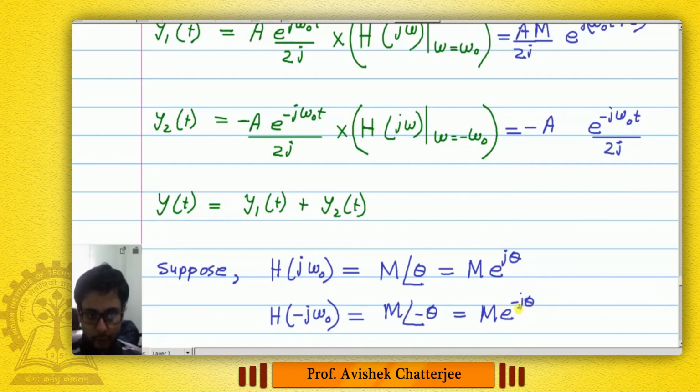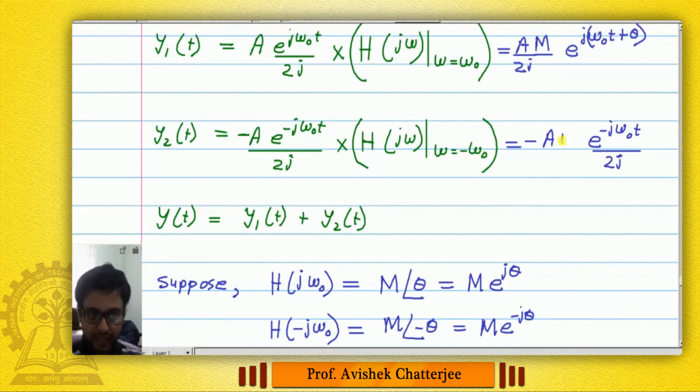Now, when you multiply this number here, you will get m and e to the power minus j omega naught t plus theta, since these two exponentials can be written together.